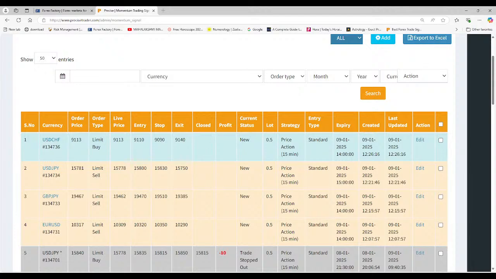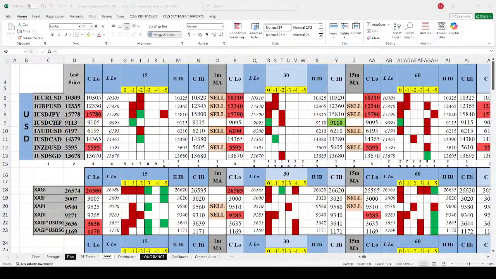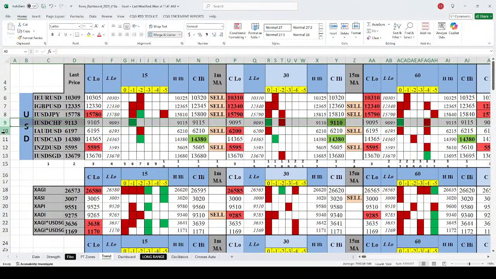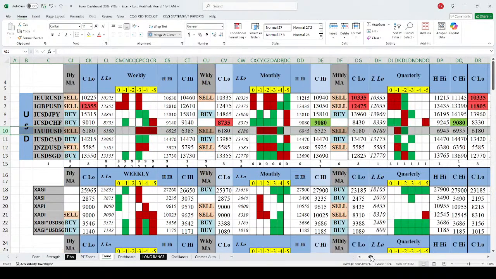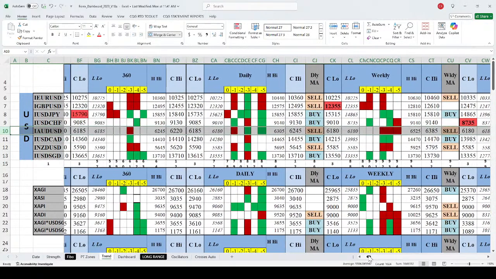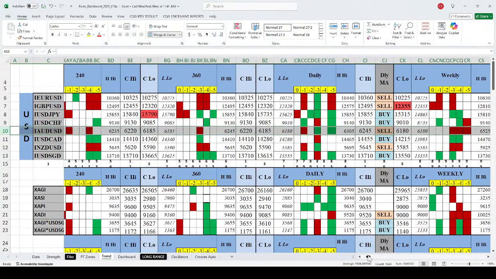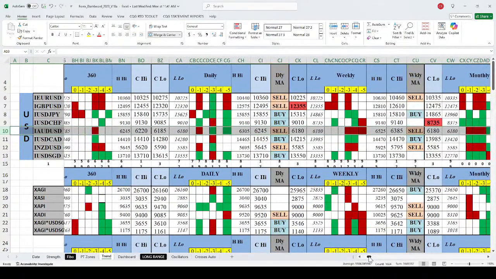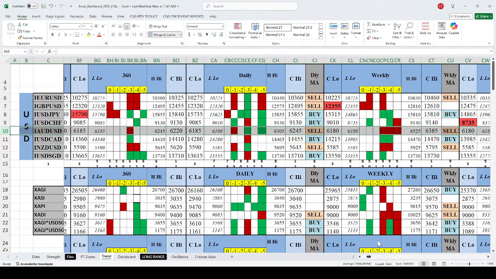Next, let's move on to see the Aussie dollar. If you look into the trend, 360 is flat with the downside bias, daily flat with the downside bias, weekly flat with the downside bias.